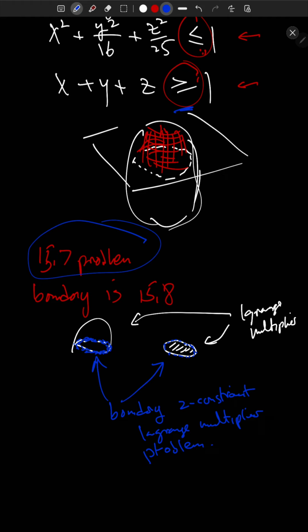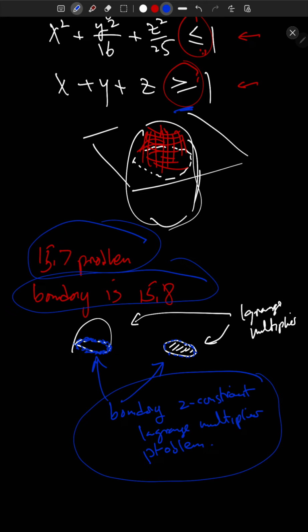Gradient f equals 0, Lagrange multipliers for the boundary, and then the boundary has a boundary, because you're splitting the boundary into 2 individual pieces, and each piece itself has a boundary.